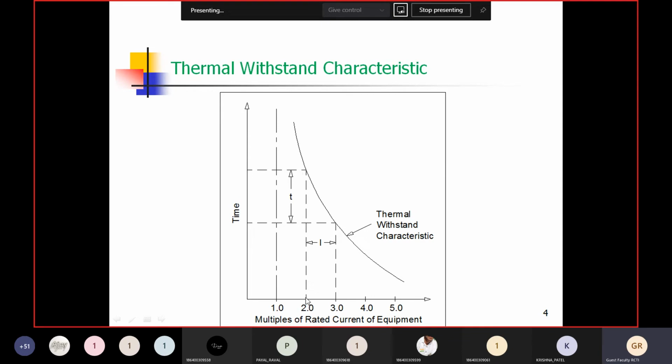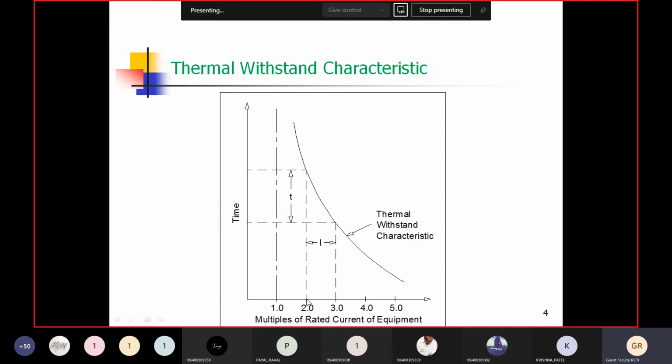It means if I draw a vertical line from 2, then for 2 times the rated current, the manufacturer will tell you according to this curve that the motor can be operated for this much time.